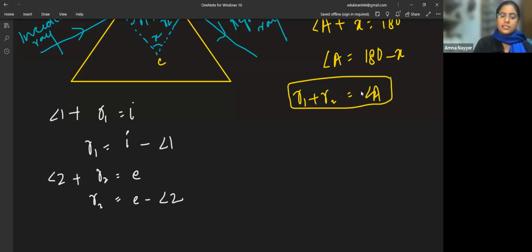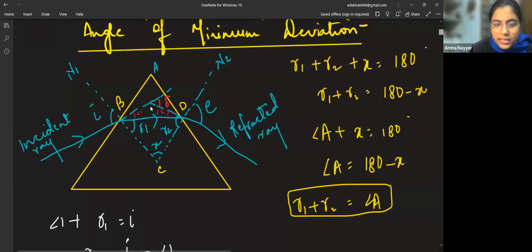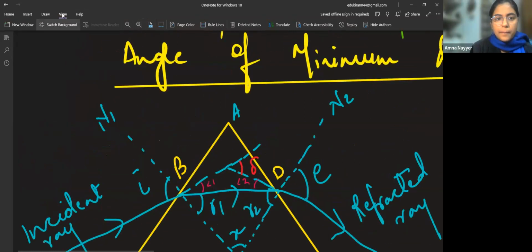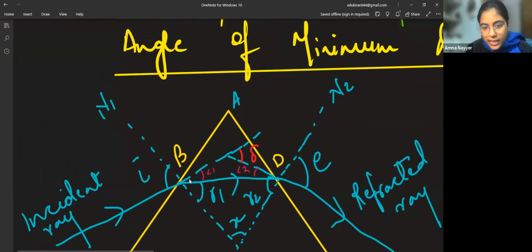Now what will I do? I have this, look, in this triangle again. If you look at this triangle, angle 1 plus angle 2 is actually equal to delta, which was the angle of deviation that was occurring. Angle 1 plus angle 2 was the deviation that was occurring.